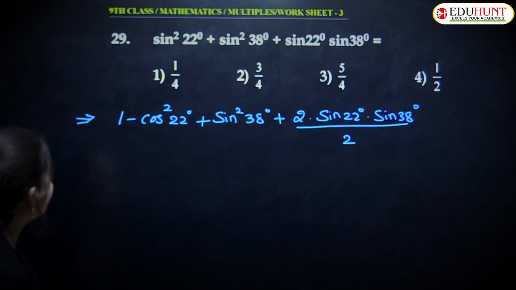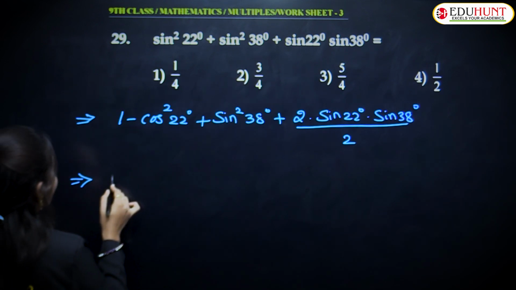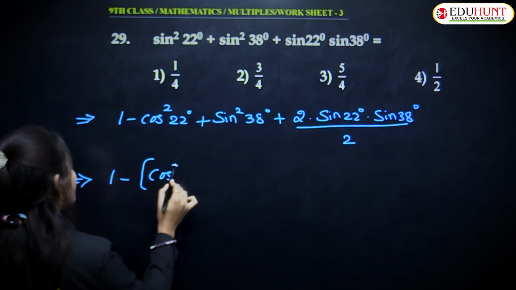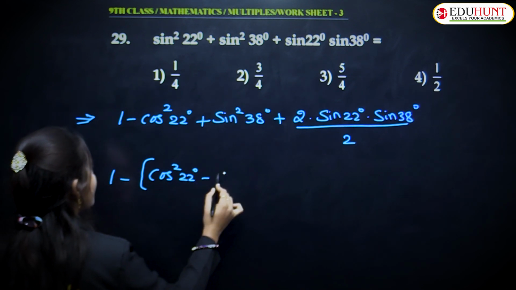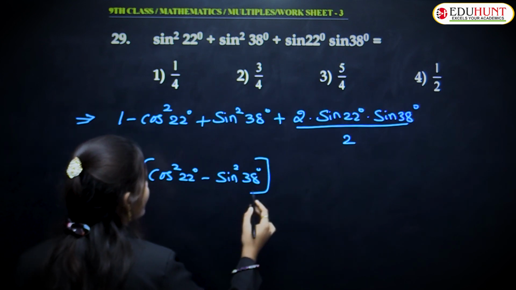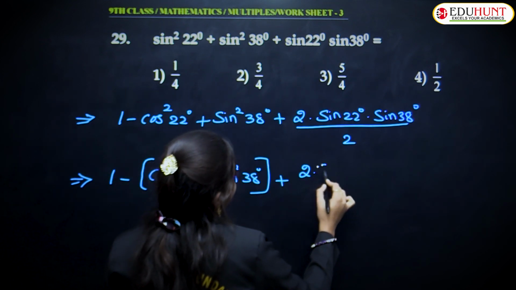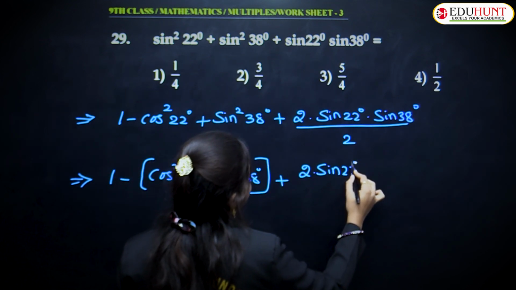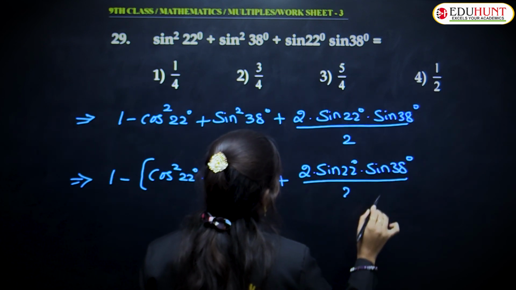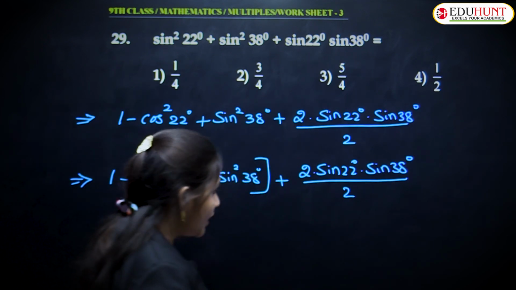Okay, now the related formulas. Before going to that, I want to take the minus as common. So this one becomes cos square 22 degrees minus sin square 38 degrees, plus 2 sin 22 degrees into sin 38 degrees whole by 2. Now observe the related formulas.